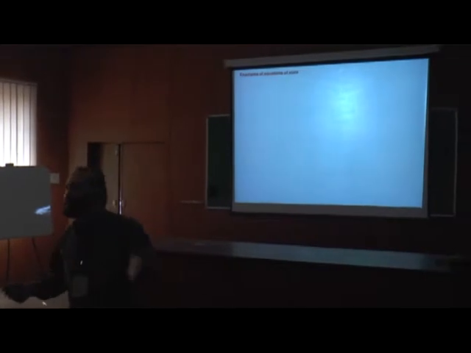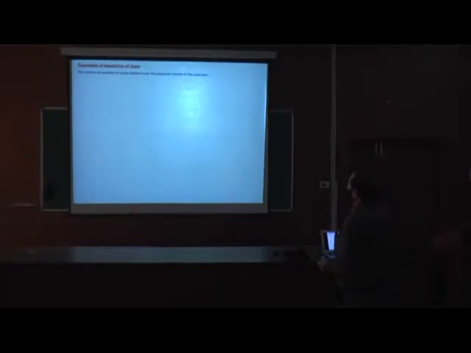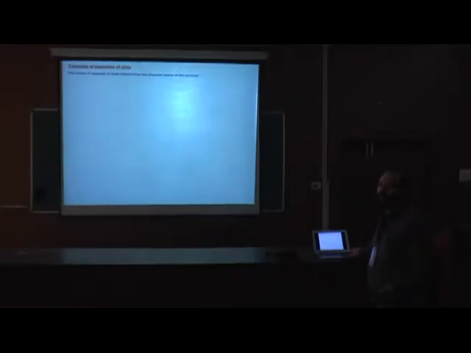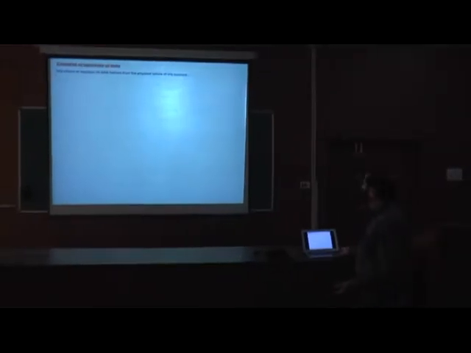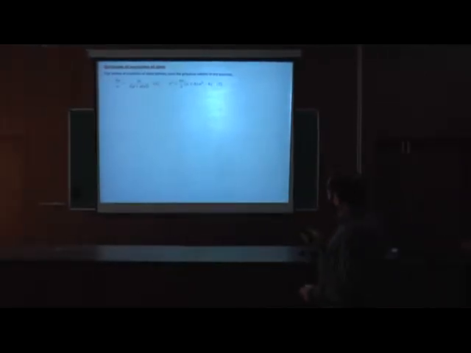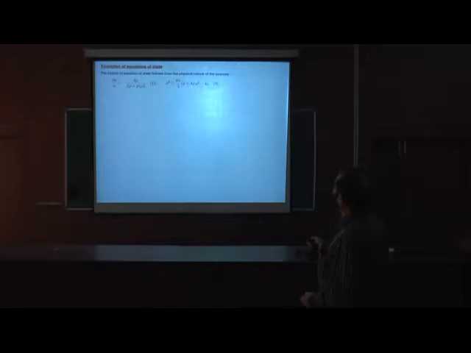Okay, so, examples of equations of state. Let's look at several examples. I have shown you that an equation of state has to be chosen, but which one? Well, it depends on the system. Every source will have an equation of state. Let's work with these two equations.